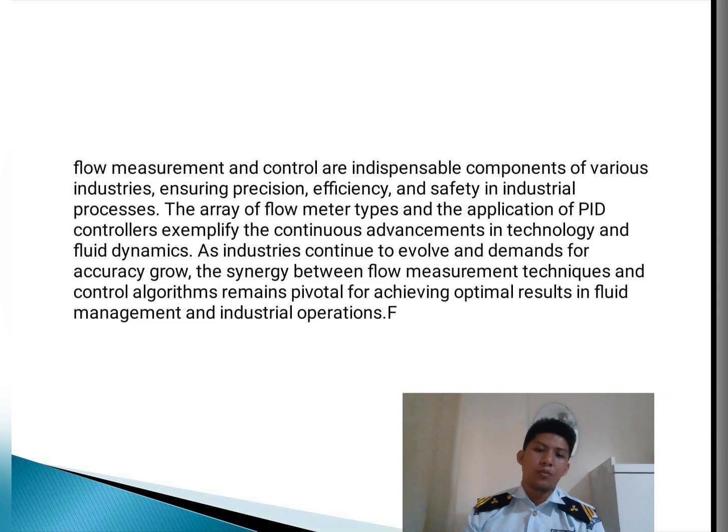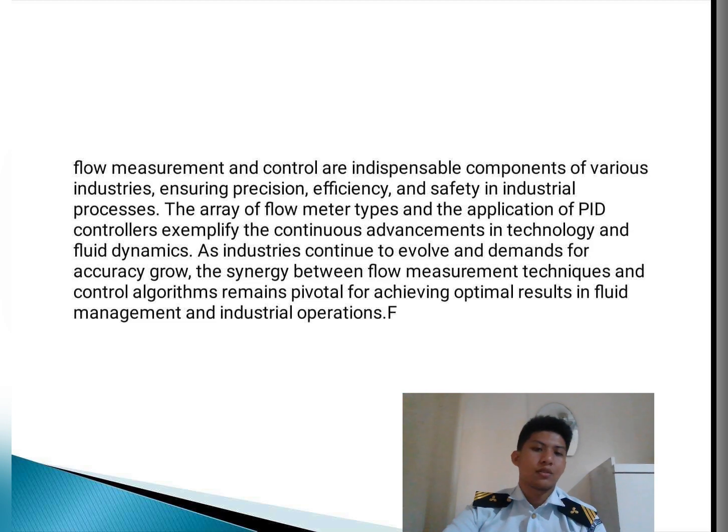The array of flow meter types and the application of PID controllers exemplify the continuous advancements in technology and fluid dynamics. PID controllers now play a critical role in fluid dynamics.